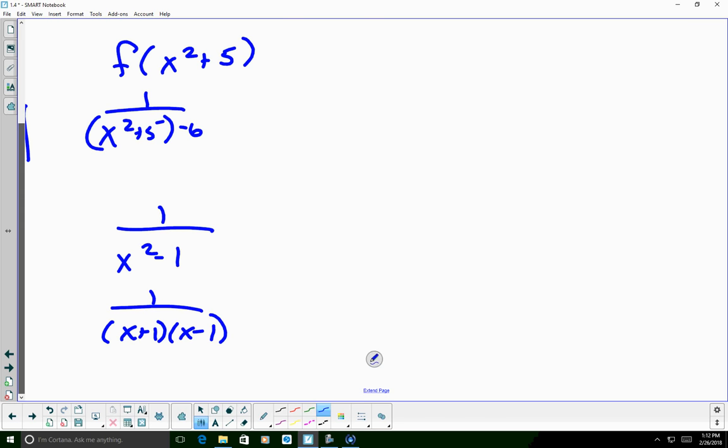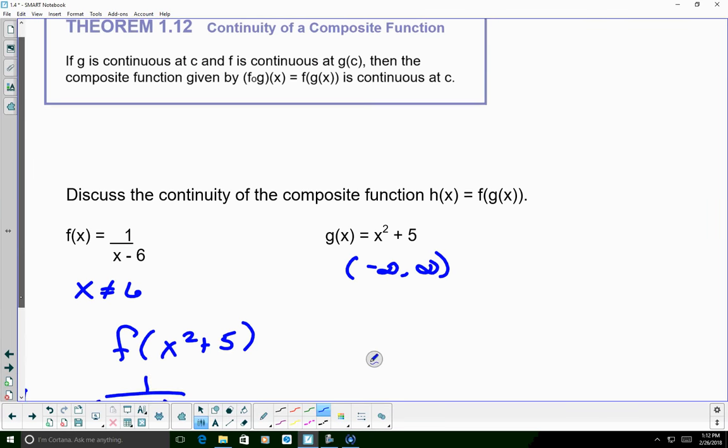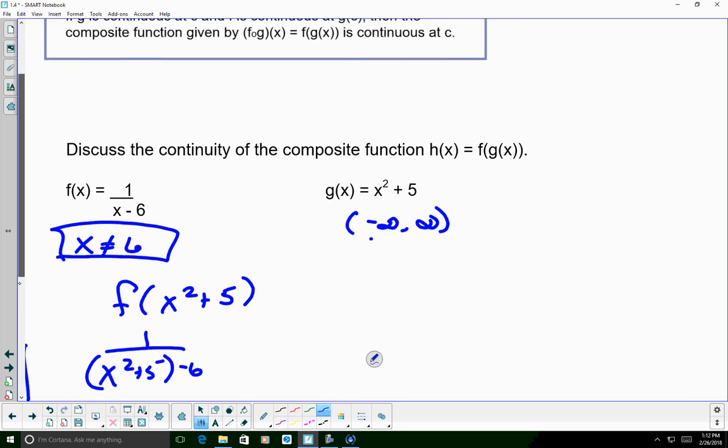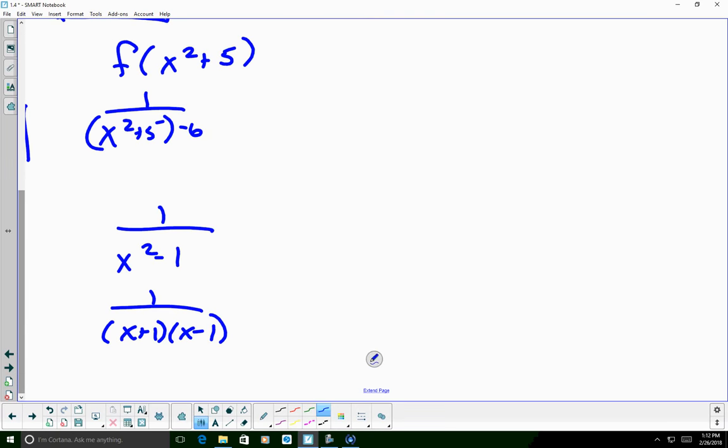So when I do the composite function, it's going to change my continuity. This original function was continuous except when x was equal to 6. G of x was continuous over all real numbers. When I do the composite function, I now create a new domain where x cannot equal 1 and x cannot equal negative 1.